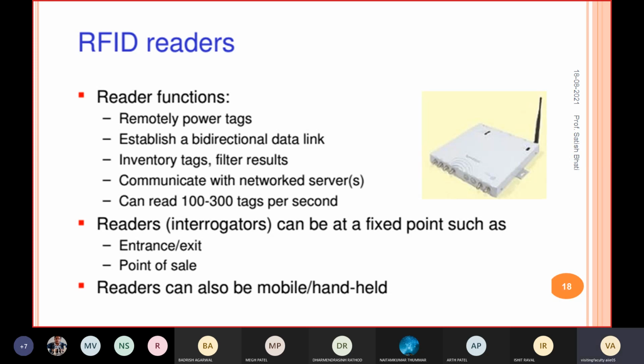Mobile means you can move this reader, and handheld means you can carry it in your hand, and sometimes you can also fix their position. So both kinds of reader are available.